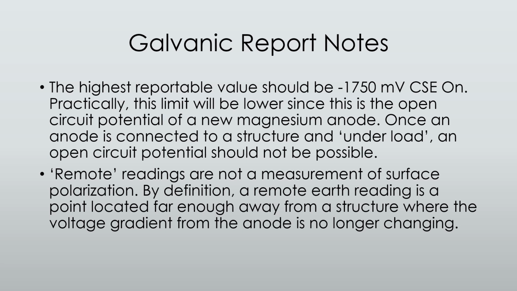I take it because they say so, but by definition, a remote earth reading is a point where the voltage gradient is no longer changing. So if an inspector could get back to me in the comments or something on that, I'd like to have that cleared up on why a remote reading is an indication of a fail, or why it needs to be included in reports. I do it, but I'm just curious.